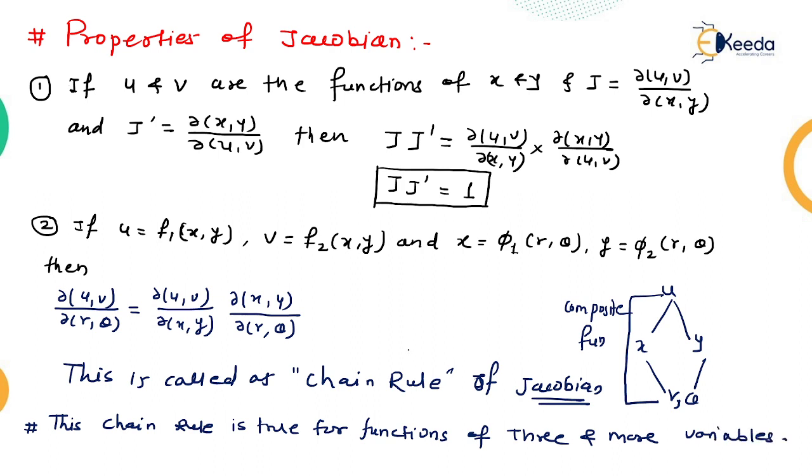Means the Jacobian chain rule is applicable for 3 and more variables. So by using this rule we find the derivative of the composite function, or the Jacobian of a composite function. So this is property number two.